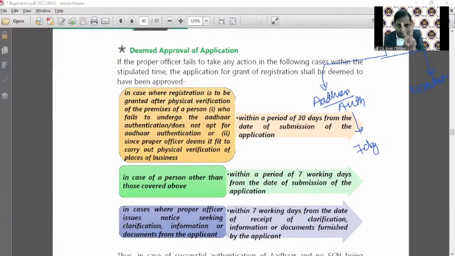So there are two situations. Situation number one: if I have not selected the Aadhaar authentication or KYC while submitting the GST application, then the time limit would be 30 days, along with the physical verification of the location.